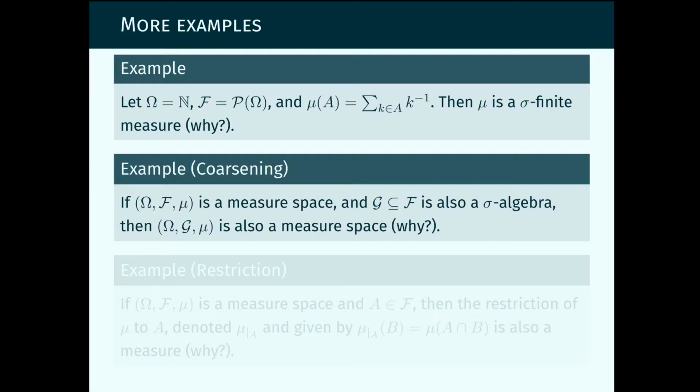So if we have a measure space and now we consider a smaller sigma algebra, which is called a sub-sigma algebra, G is a sub-sigma algebra of F, then this triple here is also a measure space. Of course, here the function mu is the restriction of this function mu to a smaller set of its domain. Namely, we only allow this function mu to be evaluated at elements of G. This is a measure space, and I let you figure out why.